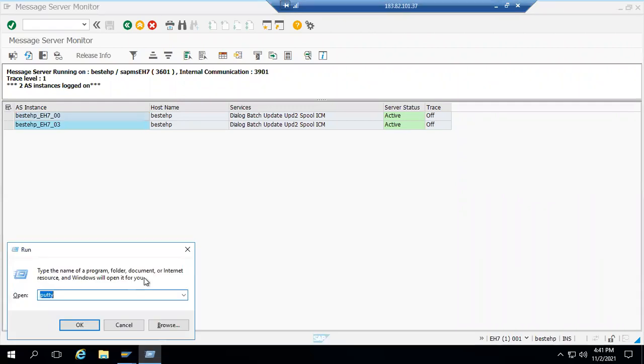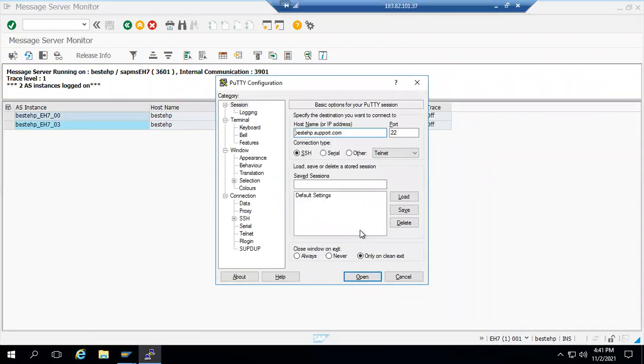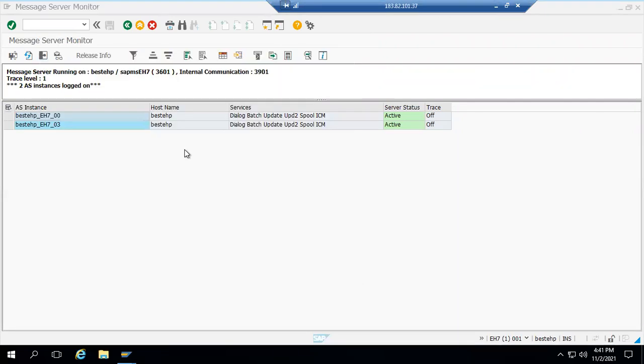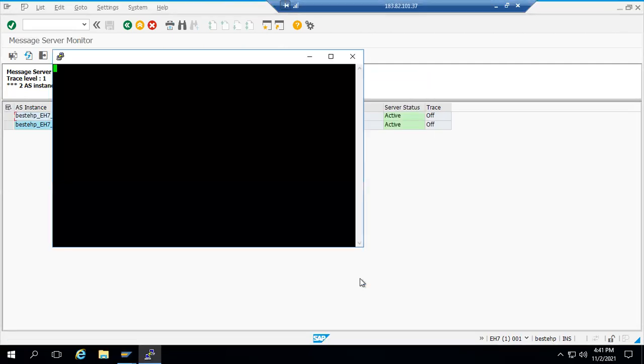So I will show you the path. I will log into the putty of the Linux server. I will log in with the root user.